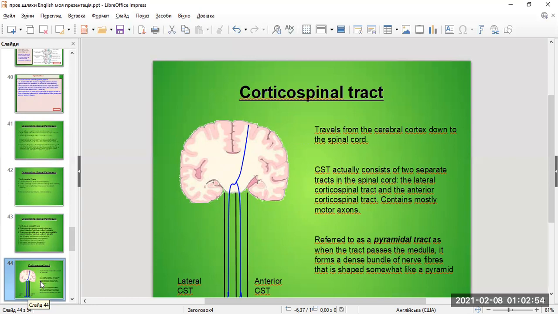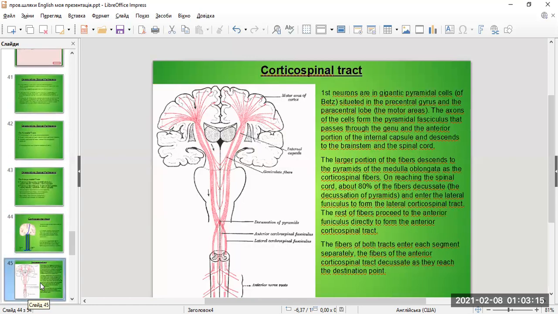Contains mostly motor axons. Referred to as a pyramidal tract as when the tract passes the medulla, it forms a dense bundle of nerve fibers that is shaped somewhat like a pyramid.